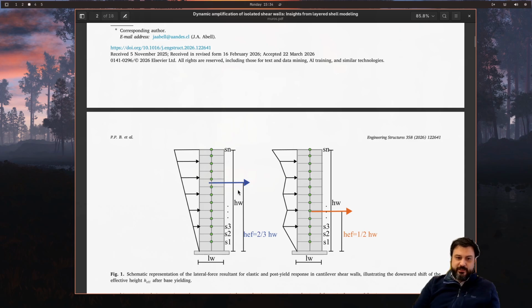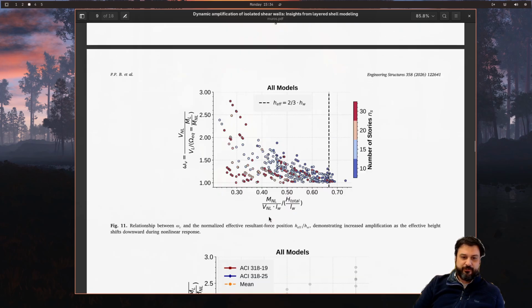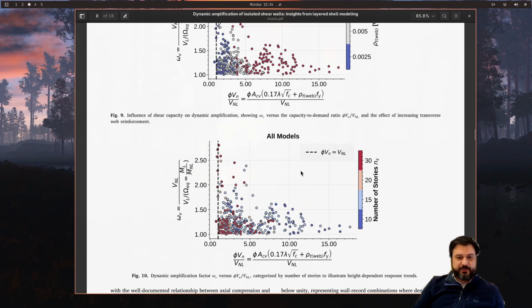So what we're doing here is actually using this reduction in height, the normalized reduction in height of the resultant force, defined as the ratio between the base moment and the base shear, as a proxy to how much amplification we can get. And actually we get pretty good results if we take a look at this versus the number of stories. Of course, the number of stories is garbage as a predictor. So basically here's the number of stories, and here, it looks like the same picture.